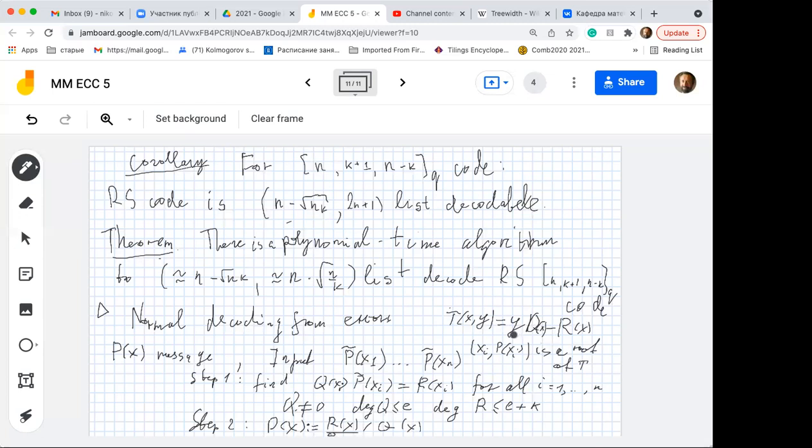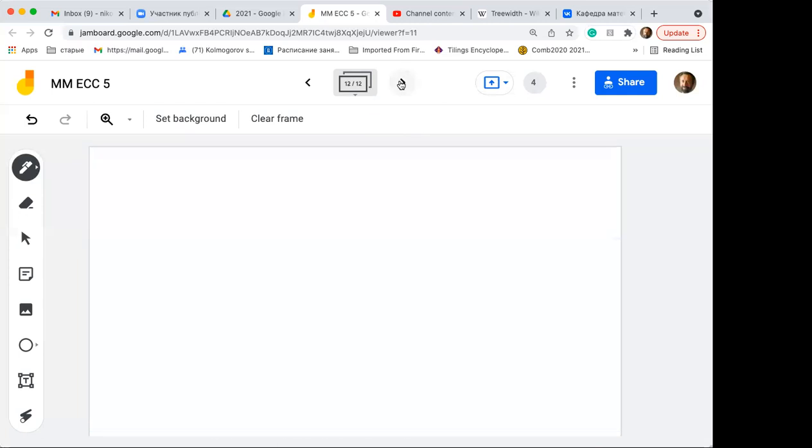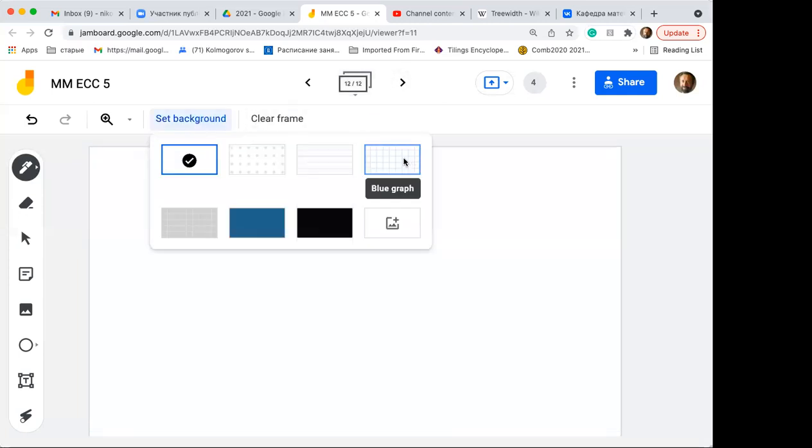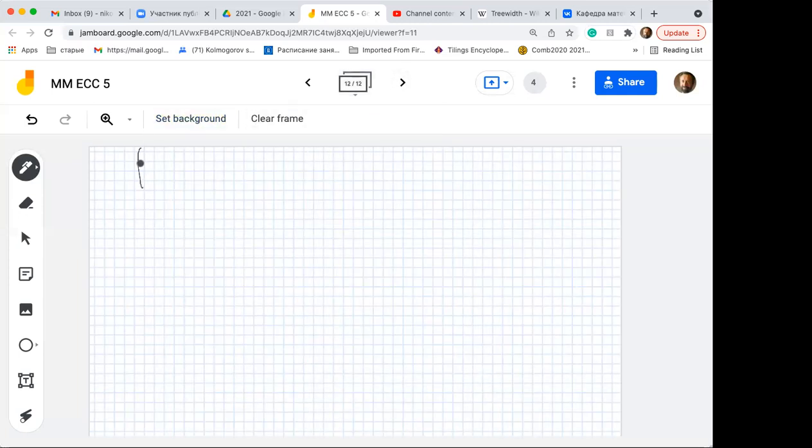And also, not only all those points in the graph of tilde p will be roots, they will be roots with very large multiplicity. And to realize this plan, let's first write the entire plan, and then I will specify what exactly we do.